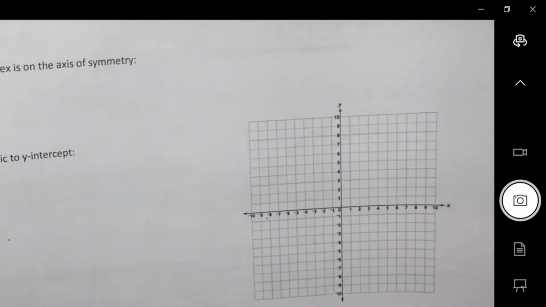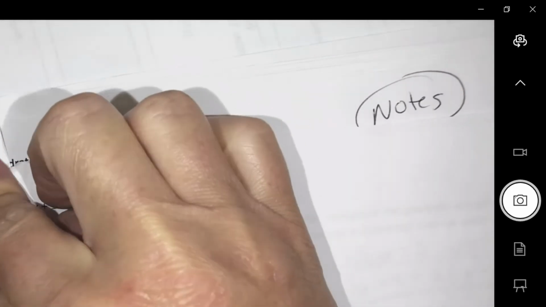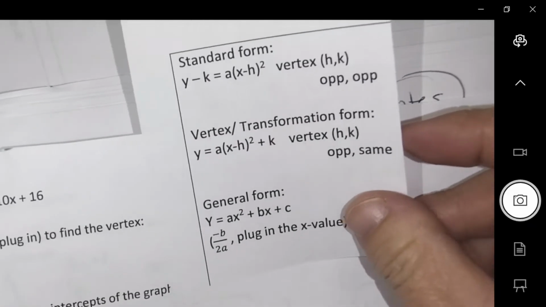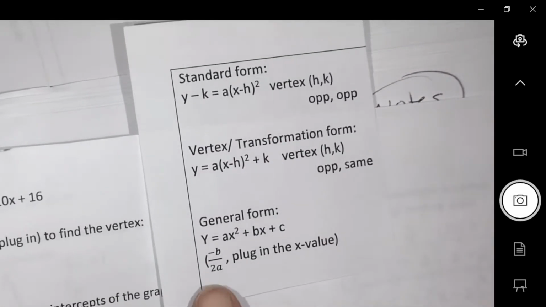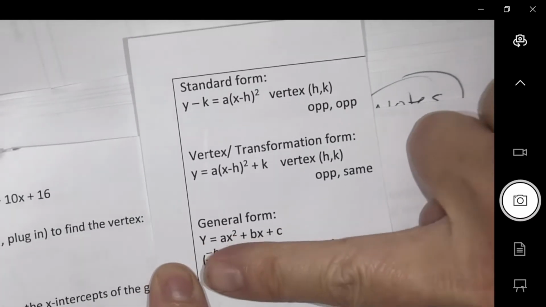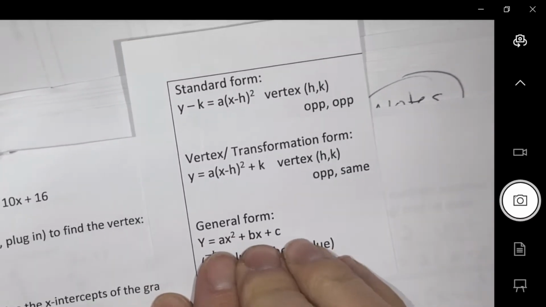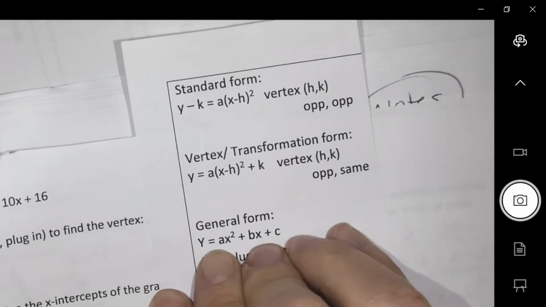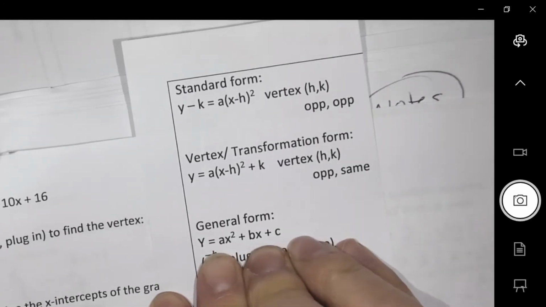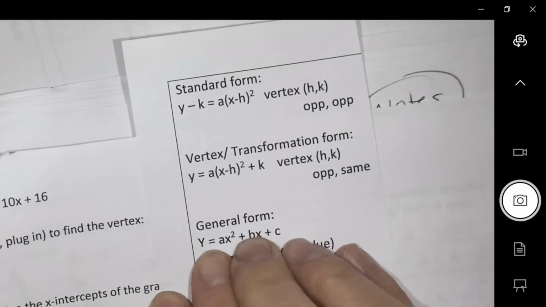Okay, what if we switch this to general form? So on your test, your paper will have this equation, but it will not have what to do. It will not have that written on there. Why not? Because that's me telling you what to do, the strategy.